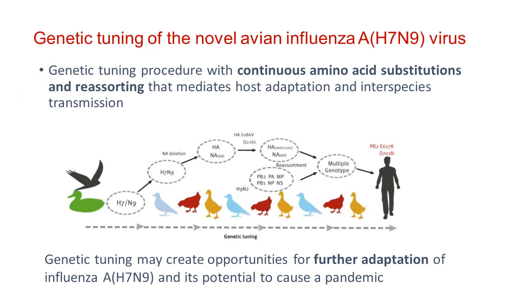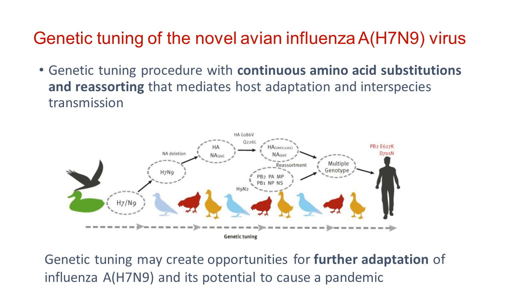The next event to understand is genetic tuning. As we saw before, here also there are continuous amino acid substitutions happening, because of which adaptations occur. In the previous cases, as we saw, it started in wild birds as well as domestic birds and then got into the virus.